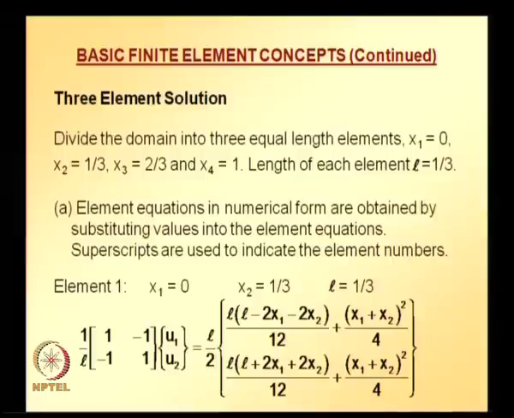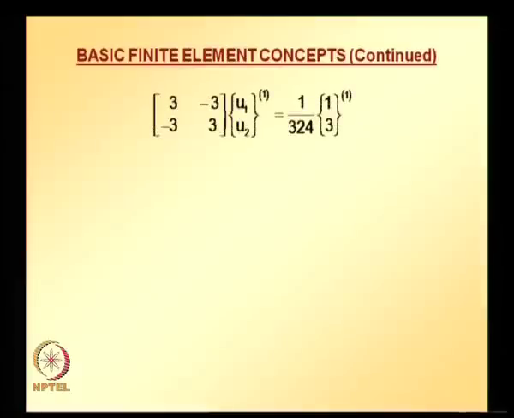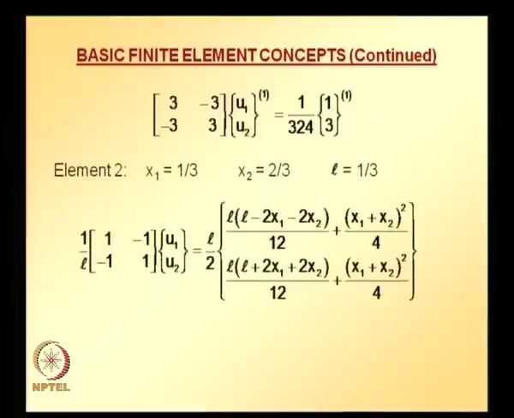So, the equation system for elements without boundary condition is reproduced here. In this you can substitute what is x1, x2, L, and that results in the element equations for element 1. The superscript indicates that it is for element 1. A similar exercise you can do for element 2.